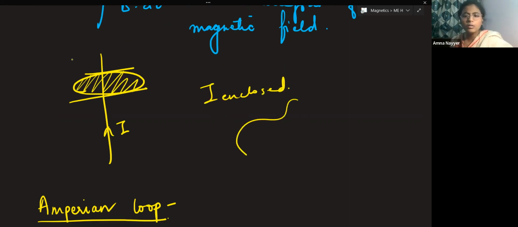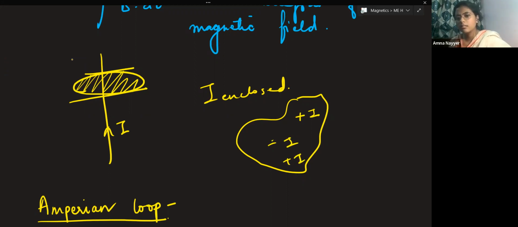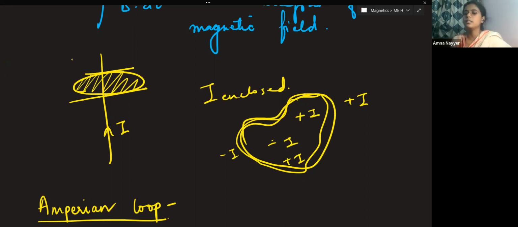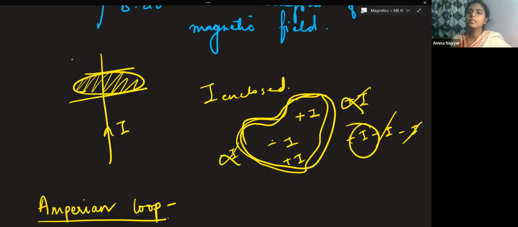If you have some area, here current is entering and here current is leaving, and some current is outside also, leaving and entering. You will just consider these which are present over here. So plus I minus I, that will give you plus I. You will not consider these. So within the closed loop.